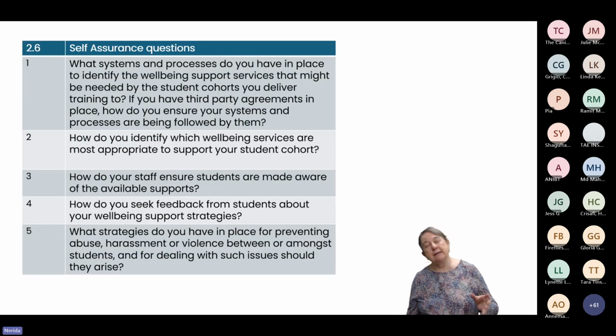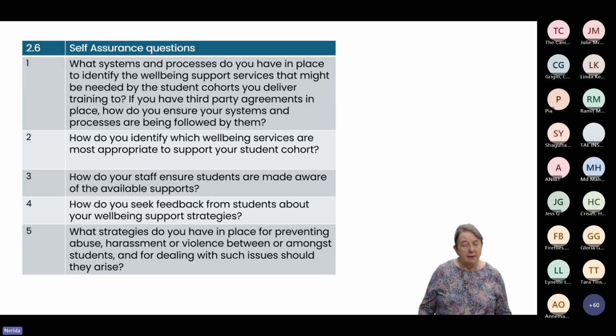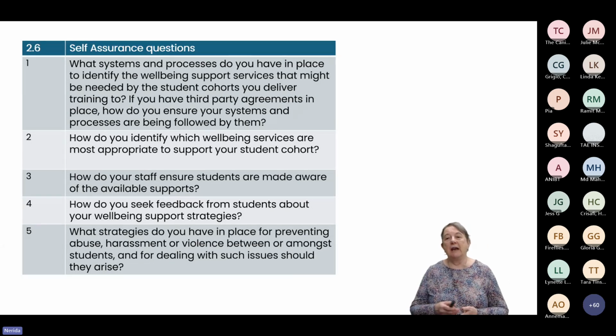So 2.6 says, the wellbeing needs of the VET cohort are identified and strategies are put in place to support their needs. So how do we answer this question? We identify student wellbeing needs through cohort profiling, orientation surveys, and data from past training delivery.